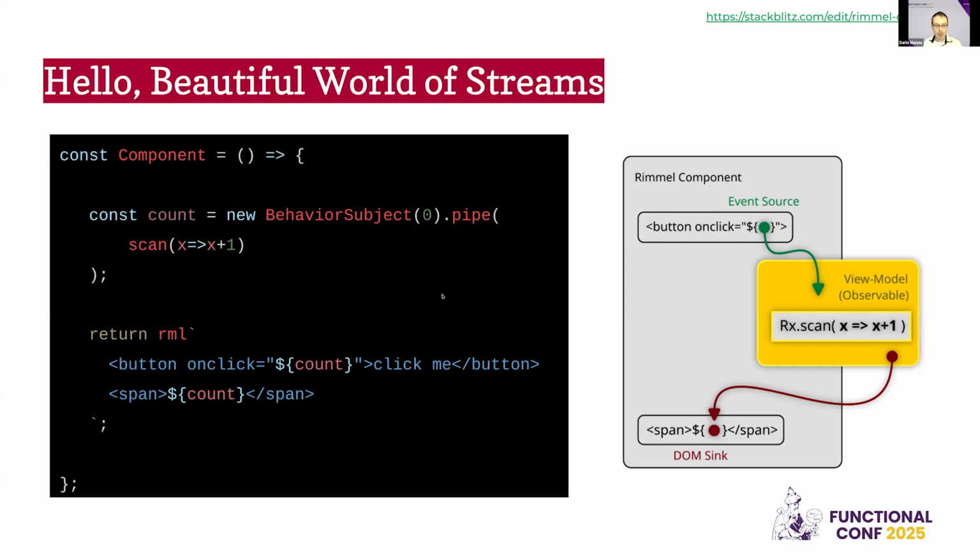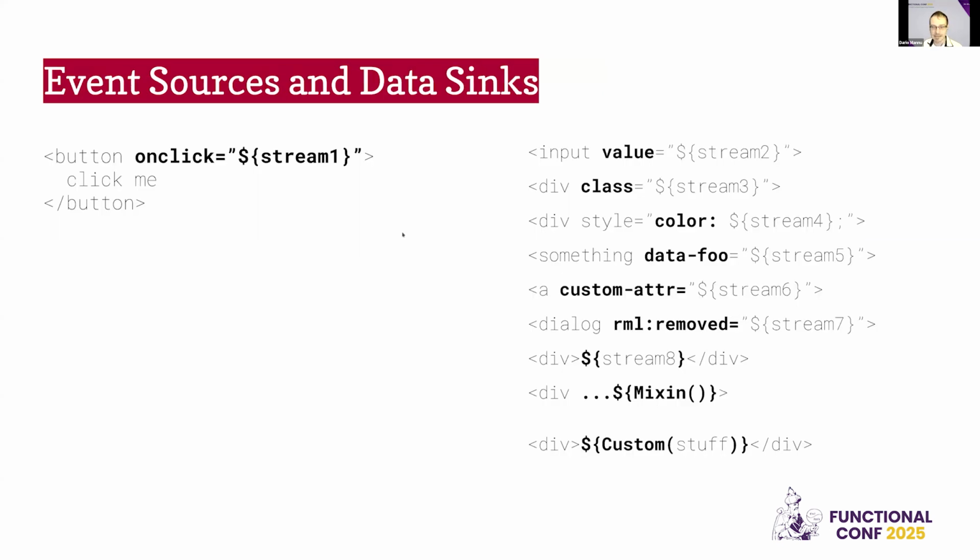And remember, this is a proper reactive primitive, essentially. And all Rimmel does is essentially bind input and output to the stream, to the DOM. So yeah, event sources to the left, data sinks to the right.